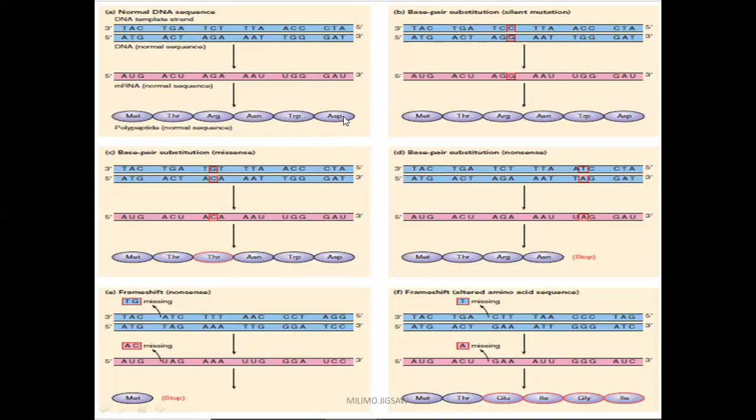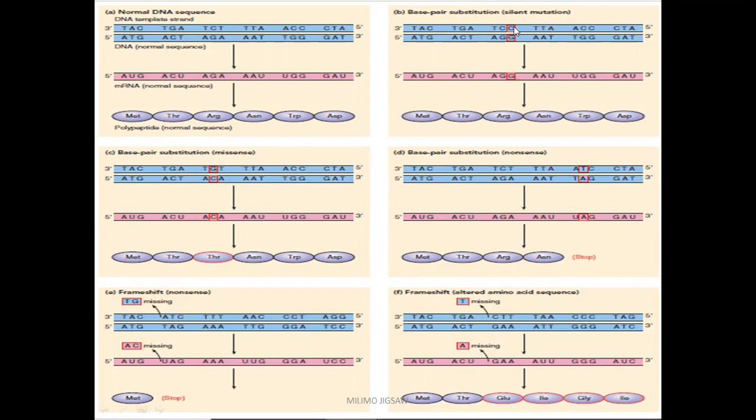Depending on the mutation, it can either change the encoded amino acid, or it may not because of the degenerate nature of the genetic code. Now, if the new codon from the base substitution still encodes the same amino acid, that type of mutation is known as a silent mutation, which is in your top right picture.